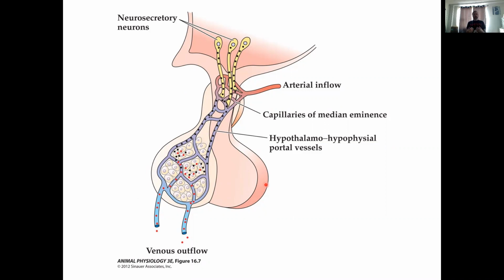And the reason we talk about the HPA axis so much, we worry so much about it, is for a couple of different reasons.